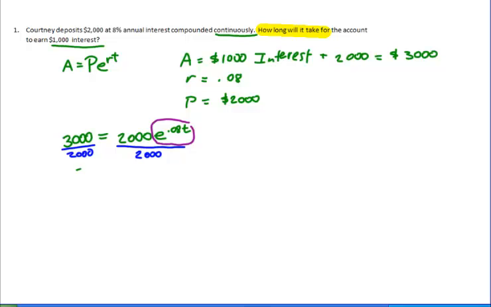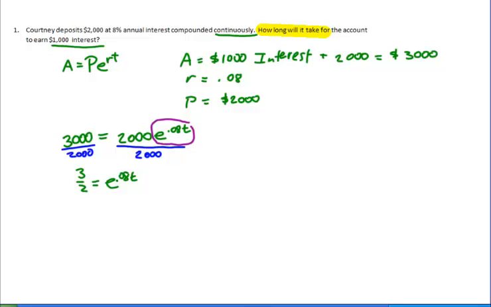Alright, so that gives me 3/2 equals e to the 0.08t. And then there's no way to actually solve for t when it's in the exponent like it is currently shown. So what we have to do is rewrite this, instead of having it in exponential form, as a natural log. And the reason it'll be a natural log is because the base is e.